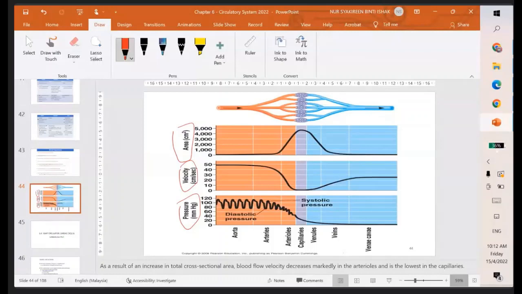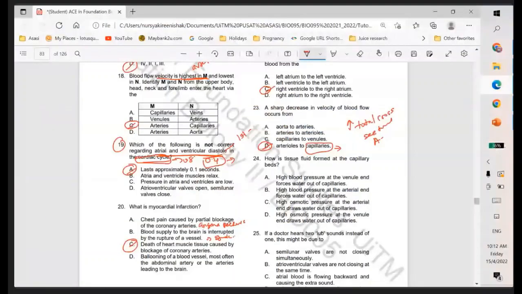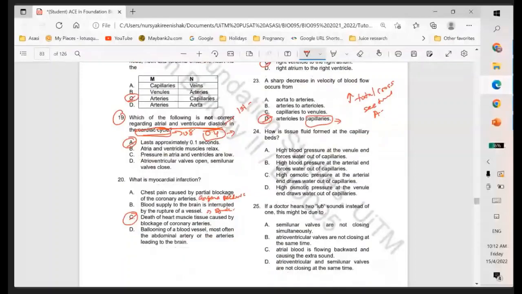Okay, so 24. Hanif. Question 24. How is tissue fluid formed at the capillary beds? My answer is B. High blood pressure at the arterial end force water out of capillaries.